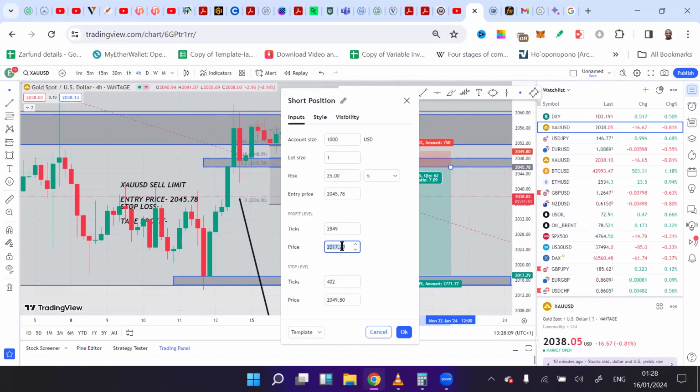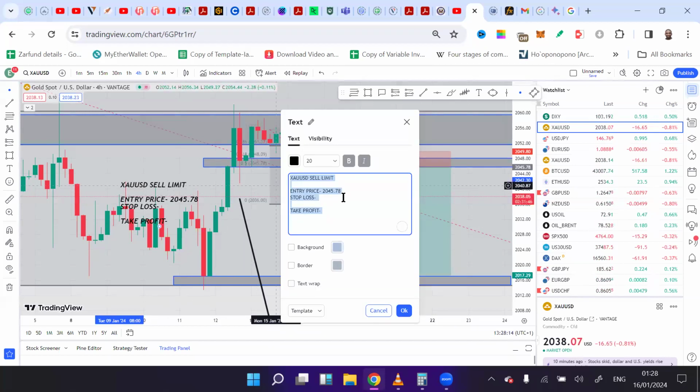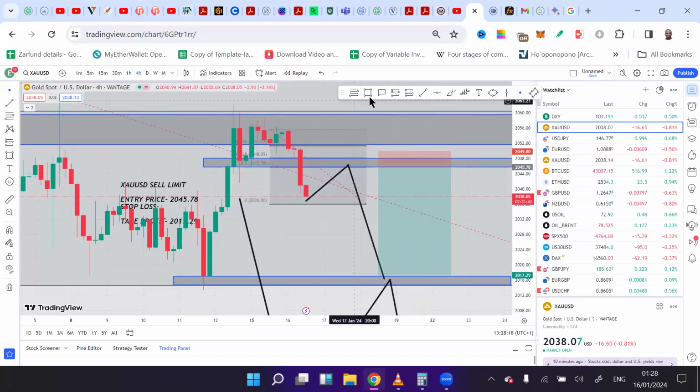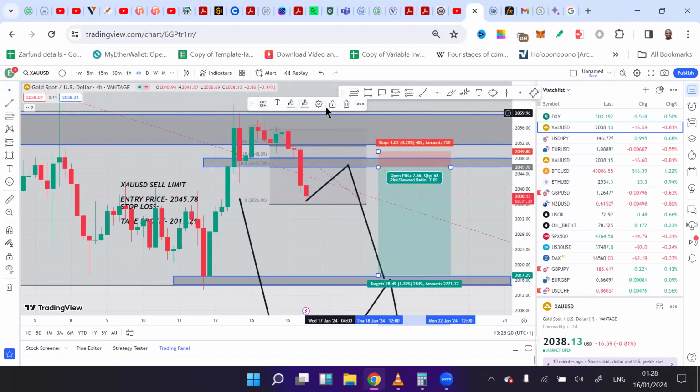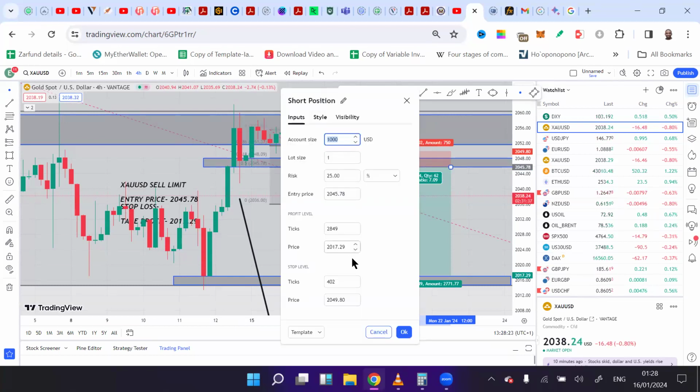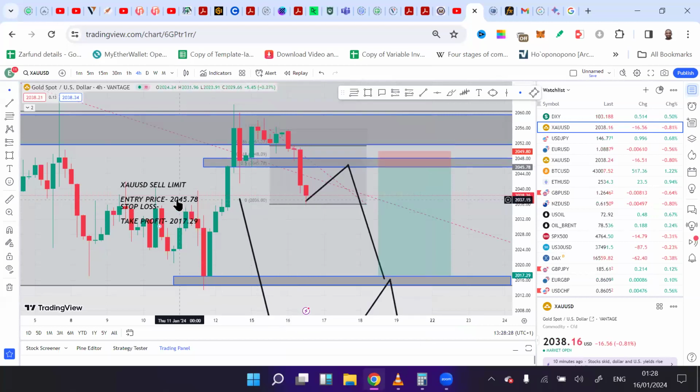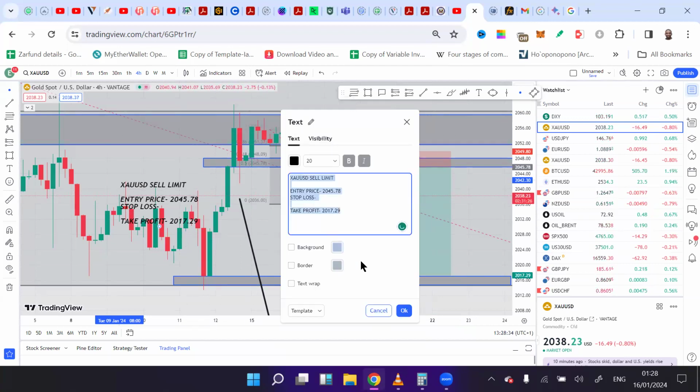Take profit. Stop loss right there. Okay.